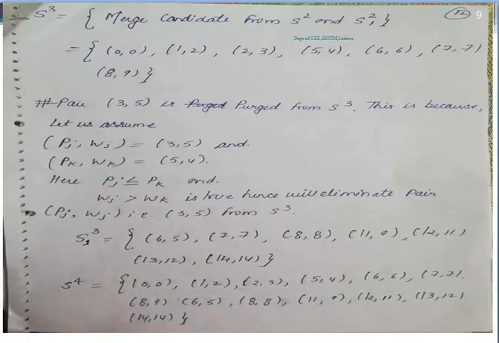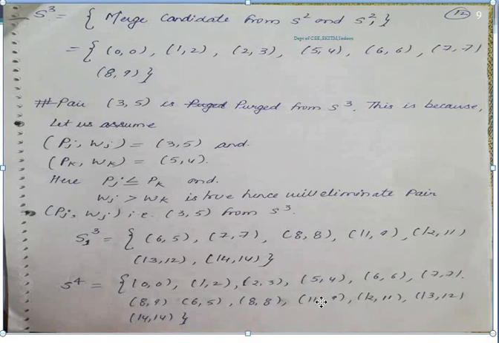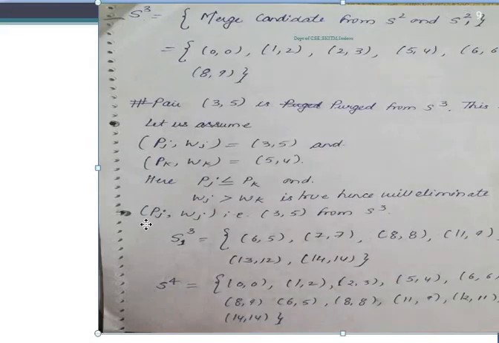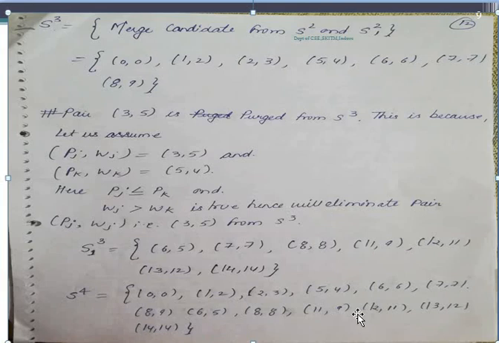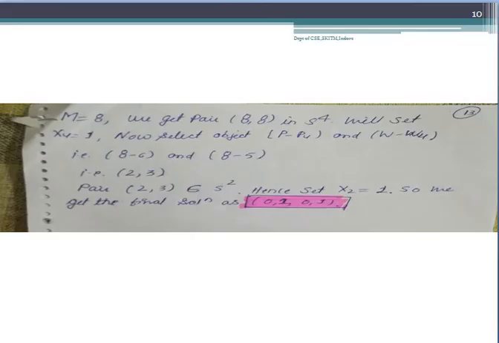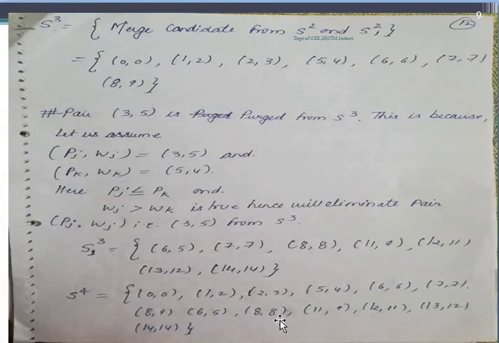Eliminating the last values is of no use: 11, 12, 8 comma 9, 11 comma 9, 12 comma 11, 13 comma 12, 14 comma, these are violating. So finally the list that we got is this one, 0 comma 1 comma 2. Our knapsack capacity is defined as 8. We cannot carry objects with more than weight 8.